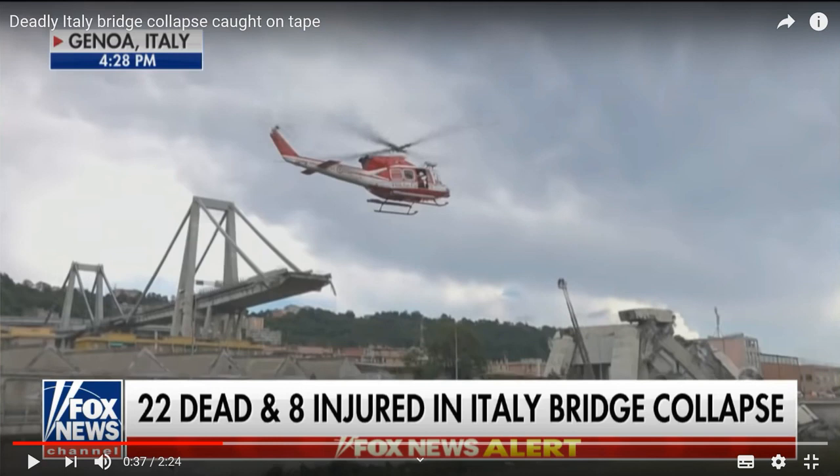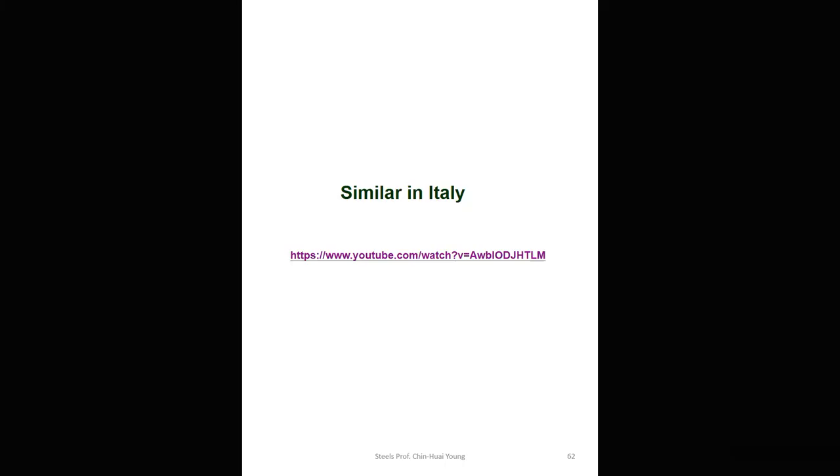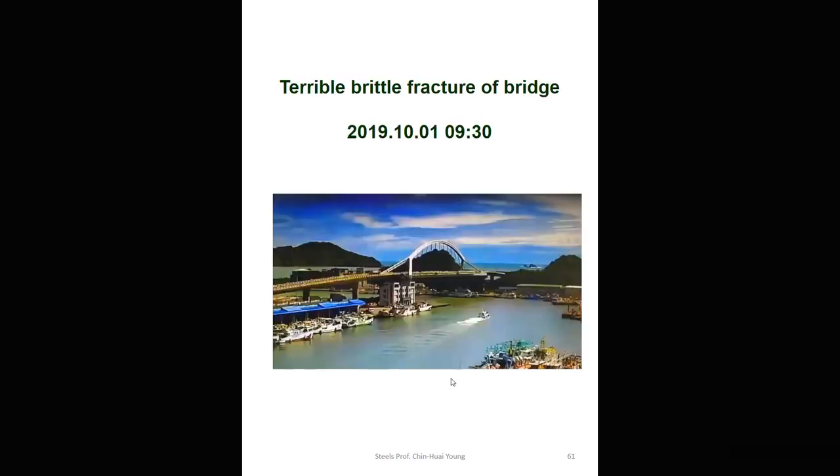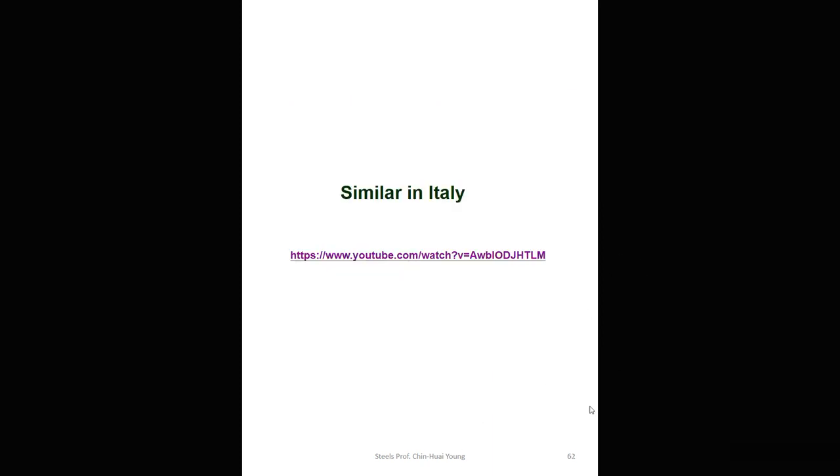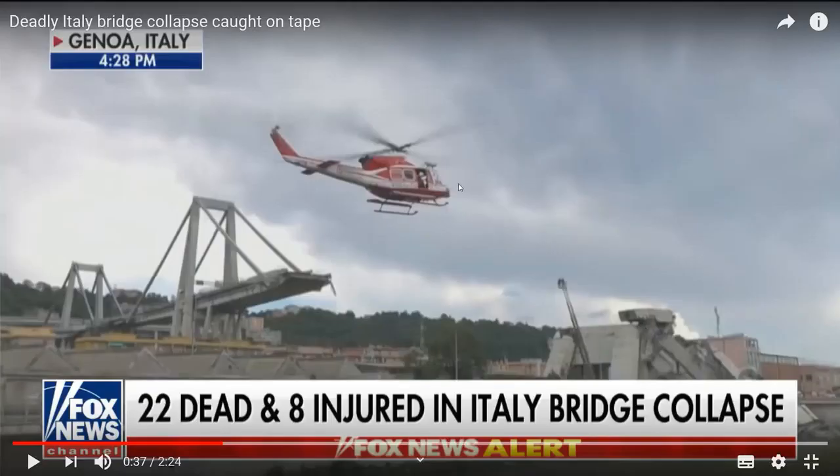I would like to tell you that in this case, this is in Taiwan, and this is in Italy. The same thing, the bridge collapsed. But this collapse is after finishing. The bridge, just finished, is a new bridge.